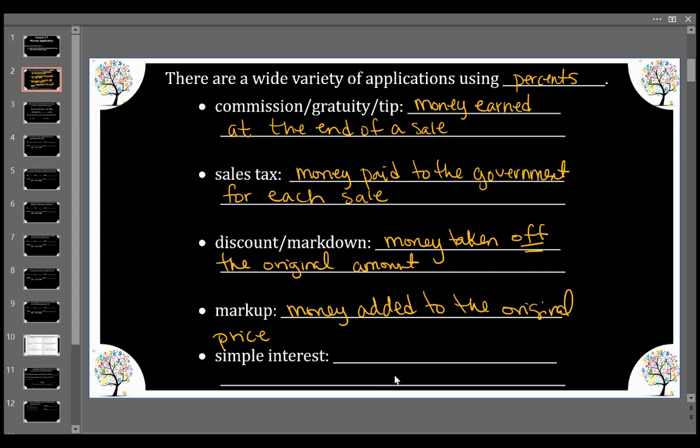Simple interest is money earned on an investment or money paid back on a loan. And we'll talk more about simple interest later.